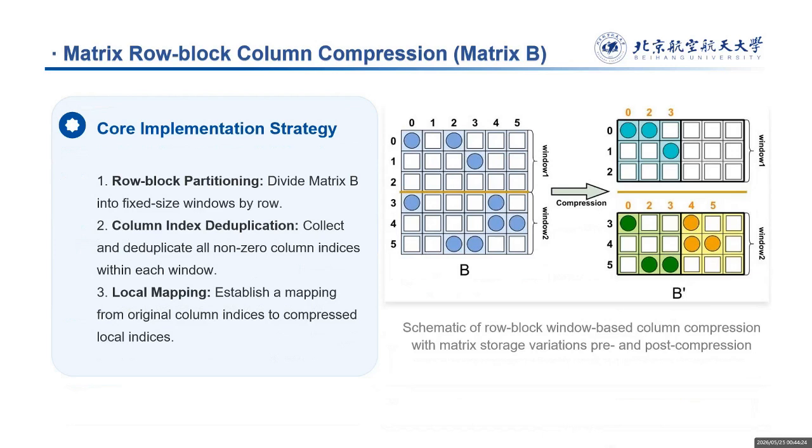This removes empty columns inside each row block. It reduces useless memory access and increases the effective density of data sent to tensor cores. Because we keep the mapping, the final result can still be restored to the original matrix coordinate. So this step reduces useless computation while keeping correctness.